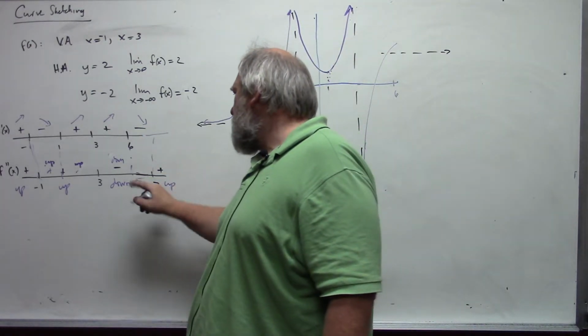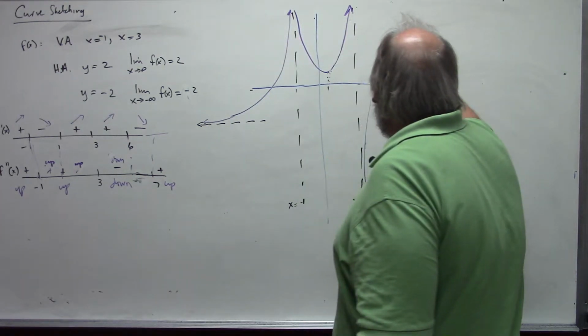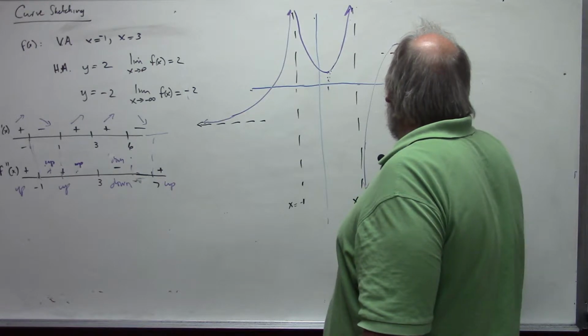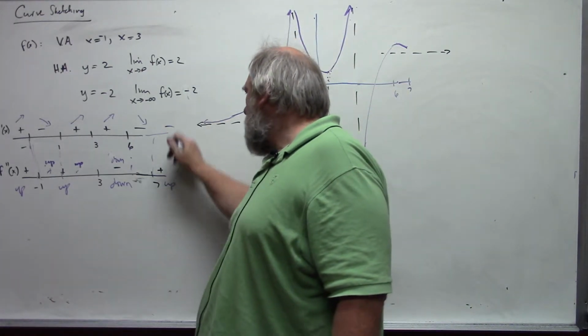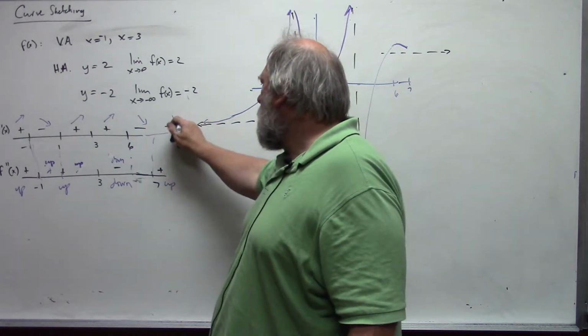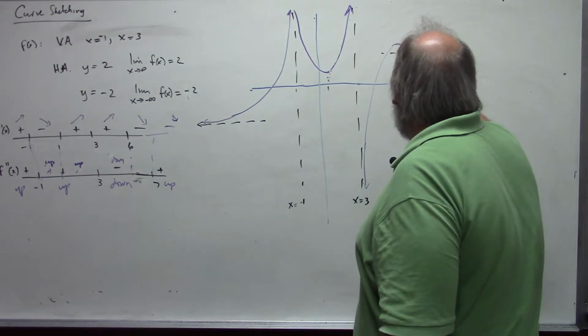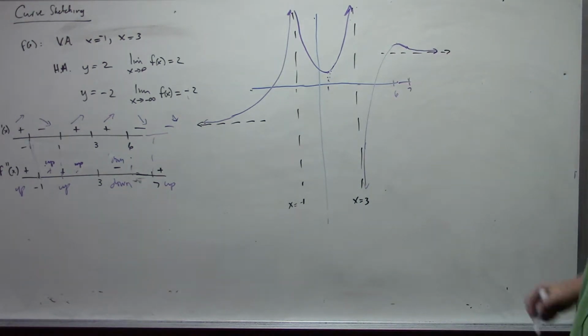From 6 to 7, I'm decreasing but down. So here's 7. And then from 7 to infinity, I'm decreasing and up. And so it does something like this. This would be the overall sketch of this graph.